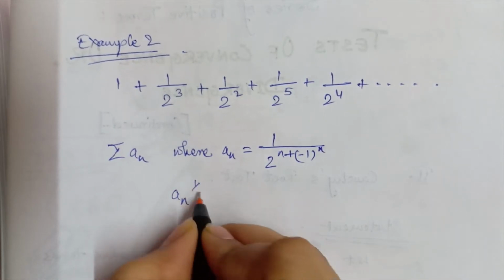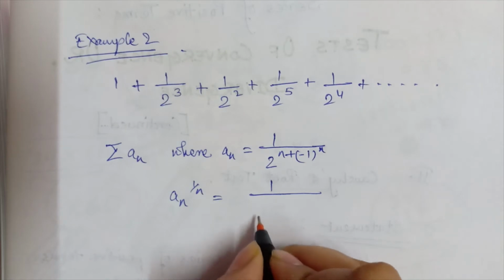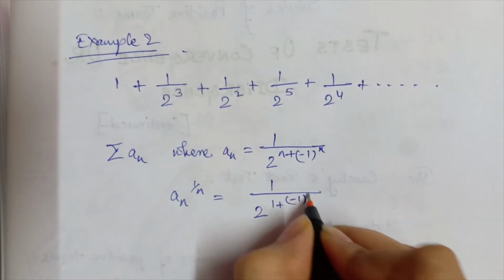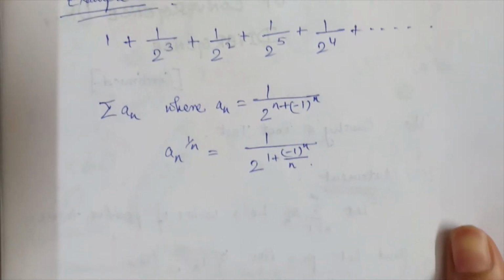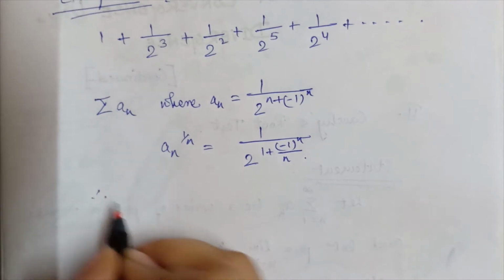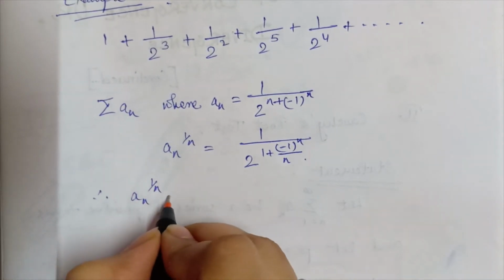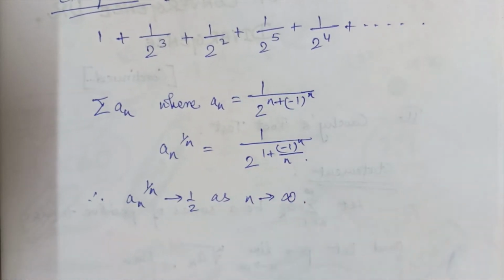So an to the power 1/n equals 1/2 to the power (1 plus minus 1 to the power n, divided by n). Therefore, we can say that an to the power 1/n tends to half as n tends to infinity.